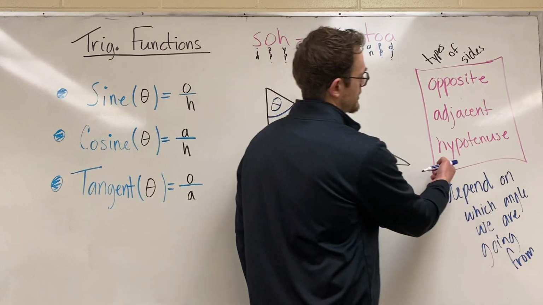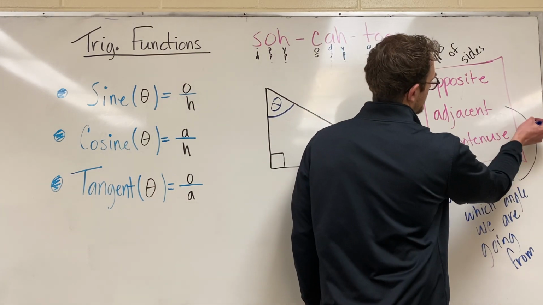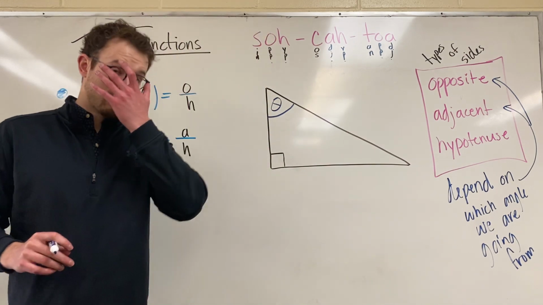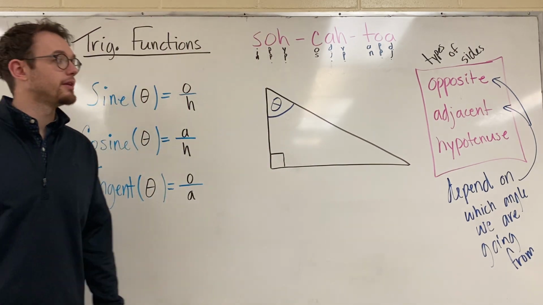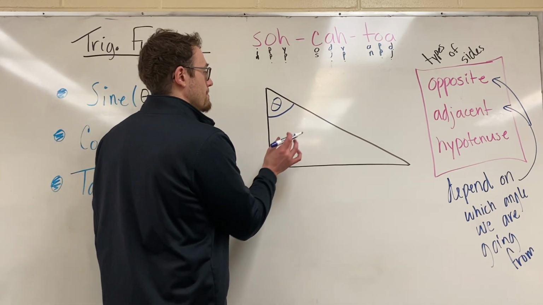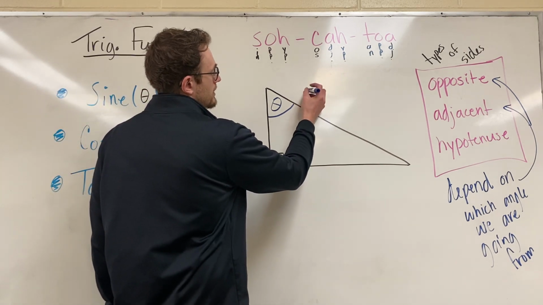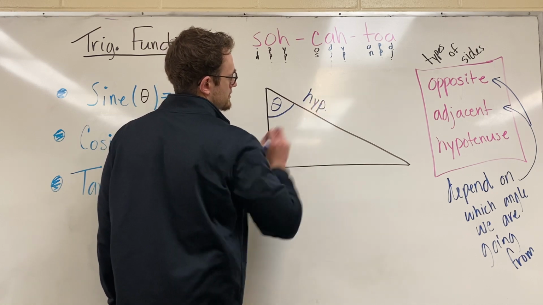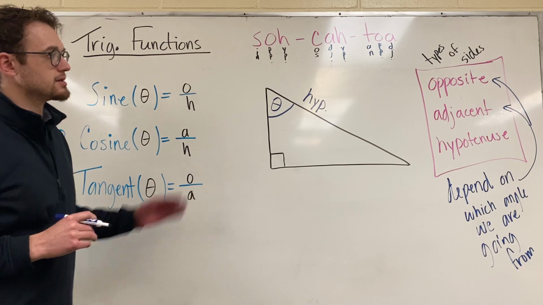Now this one doesn't depend, but that one and that one, those guys depend. The hypotenuse never changes. Hopefully from the last video on the Pythagorean theorem, everybody knows that the hypotenuse is always the longest side. So this is always going to be the hypotenuse.